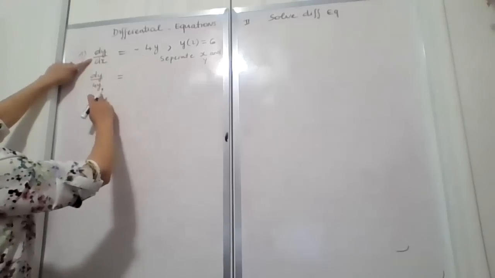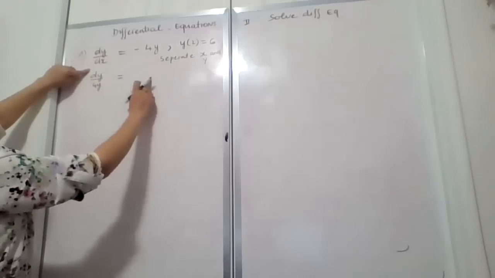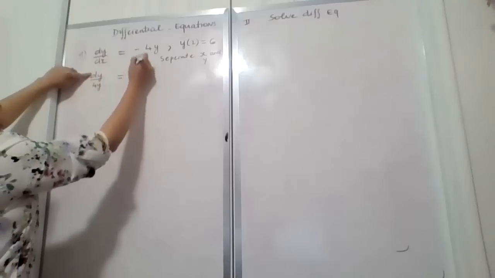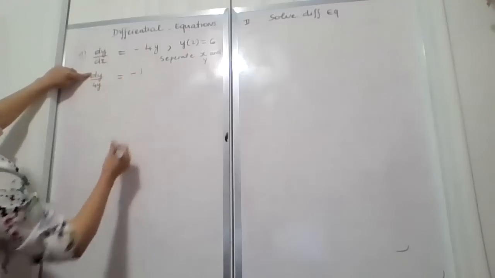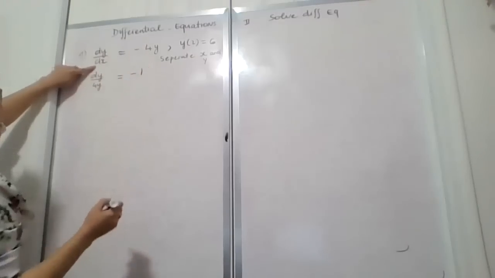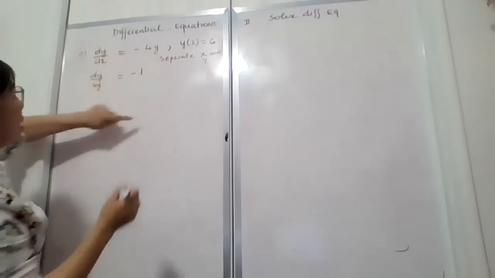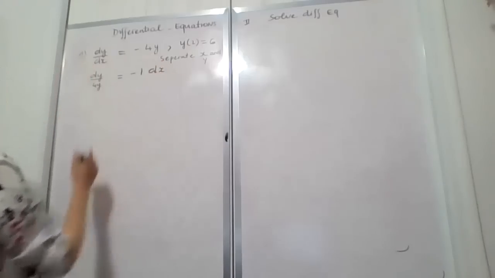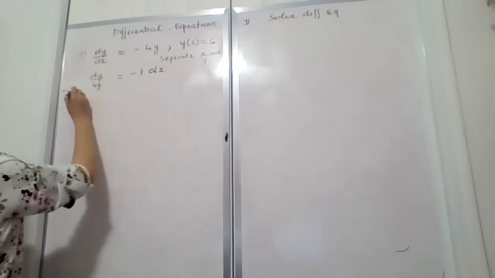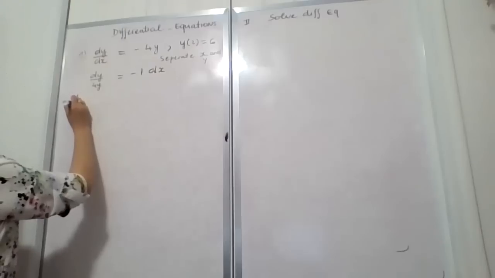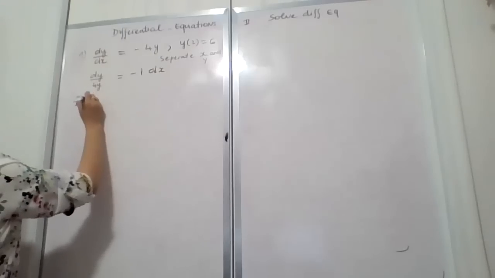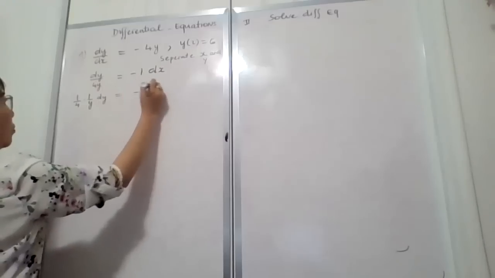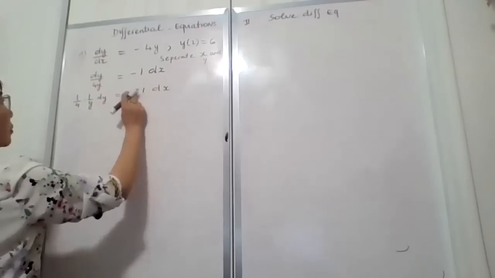Multiply becomes divide, divide becomes multiply. So we'll say dy divided by 4y, and I'm going to keep the minus 1 right here on the right-hand side. I'm going to bring the dx to the right-hand side, divide becomes multiply. So now we'll separate again. We'll say 1 over 4 times 1 over y dy equal minus 1 dx.